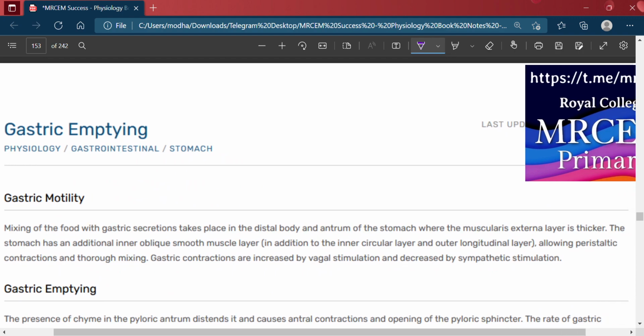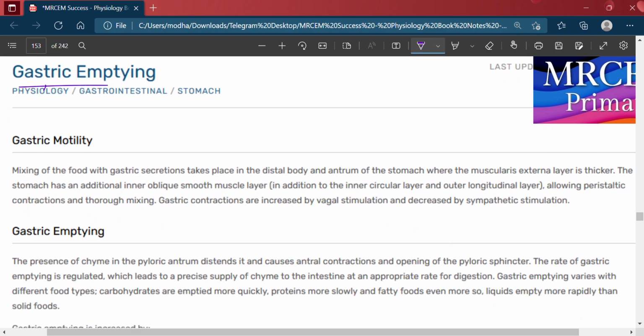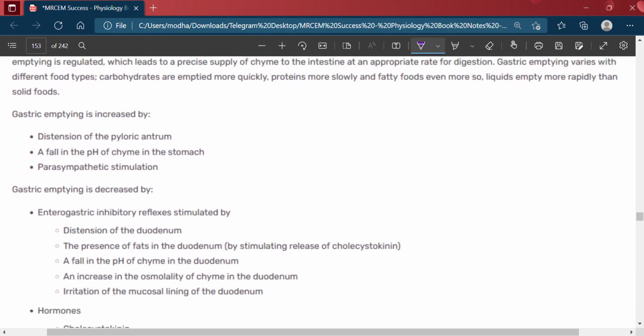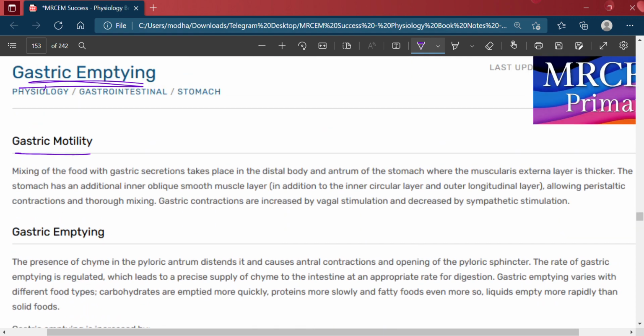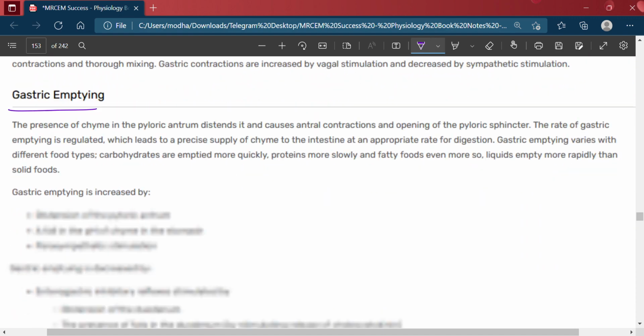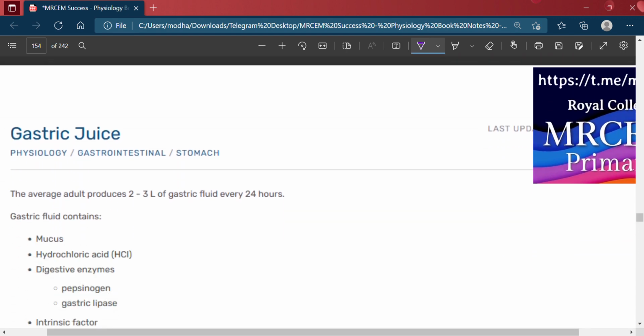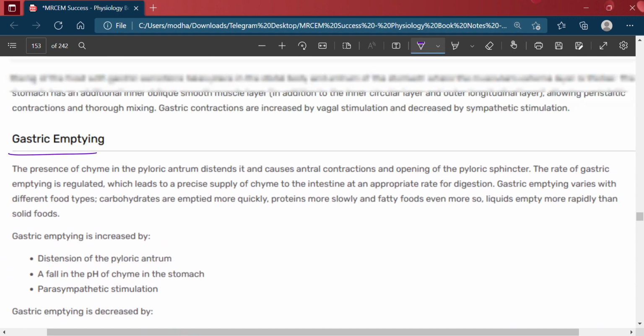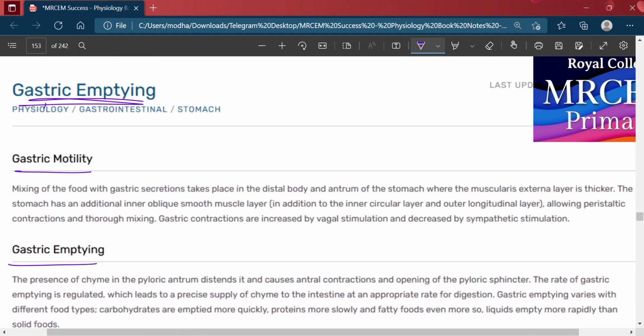Then gastric emptying. We'll see gastric motility and gastric emptying. In gastric motility, mixing of the food with the gastric secretions takes place in the distal body and the antrum.